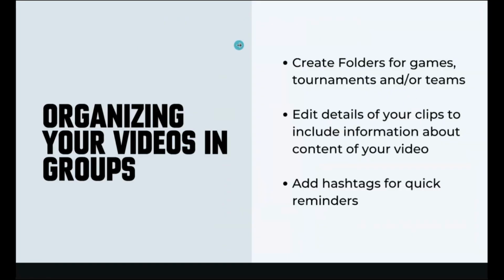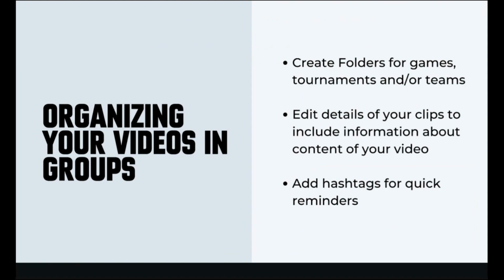And then in terms of organizing your videos into groups, these are a couple of points that I would say help you out in finding things a little bit easier. So definitely create folders within your group for games, tournaments, or if it's an academy, create folders for specific teams, just as a quick access spot.